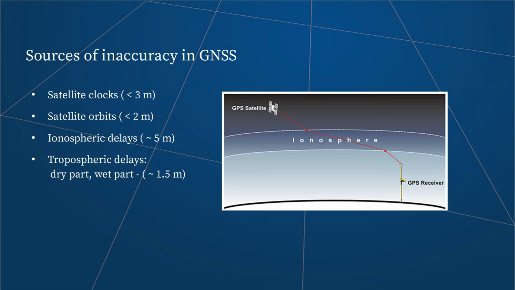The tropospheric delay is also a result of signal refraction, but it's smaller because the troposphere is much thinner than the ionosphere. The tropospheric delay has two parts, dry part and wet part. The wet part contributes maybe 10% of the tropospheric delay, and it's almost impossible to predict, but the dry part is fairly easy to predict.